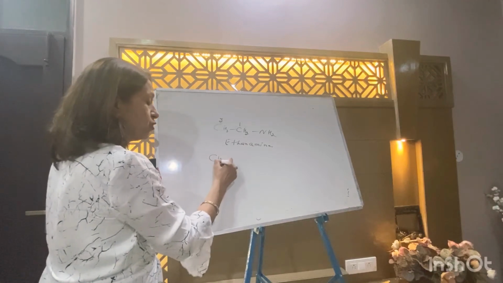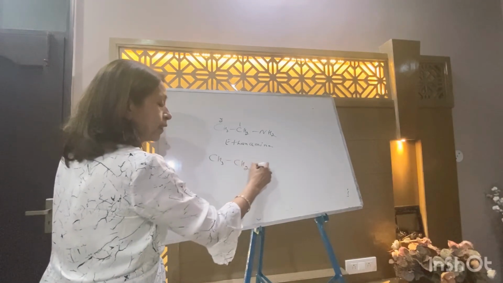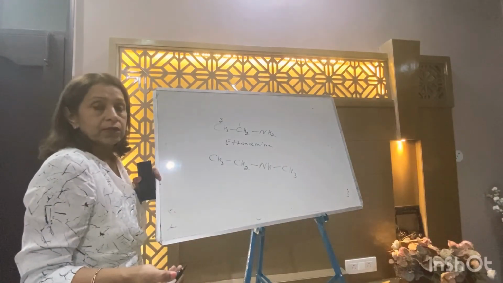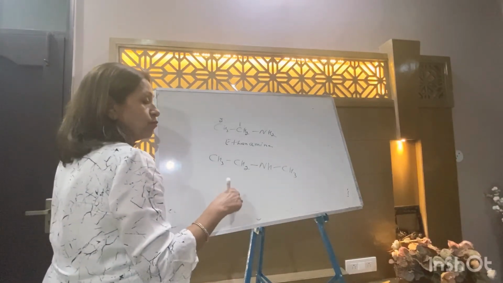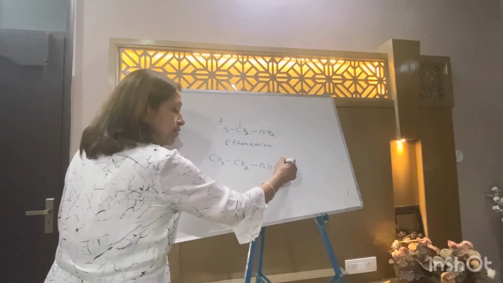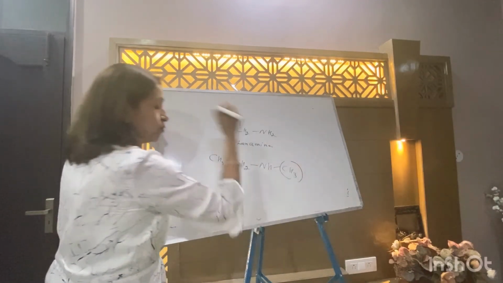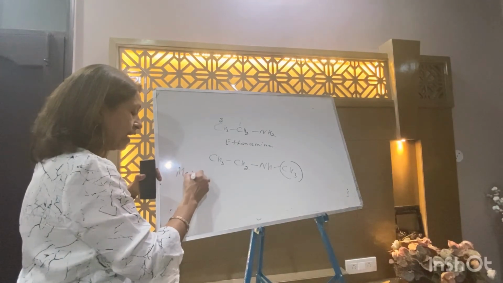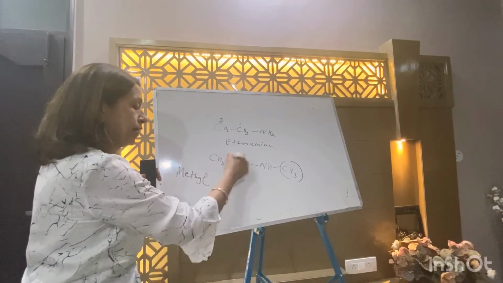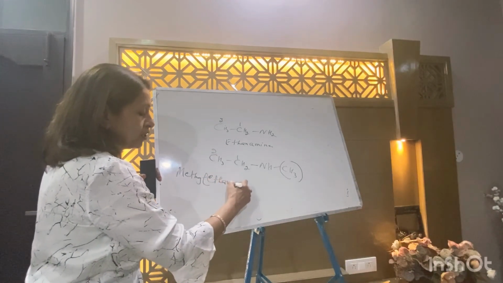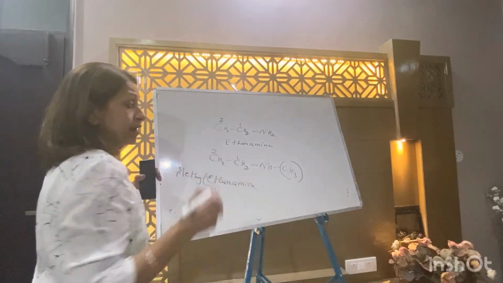But if it is CH3, CH2, NH, CH3, it is now a secondary amine. Whatever the smaller R is, make it a group, and write its name in front. It's methyl. 1, 2, it's again ethane amine: methyl ethane amine. It is a secondary amine.